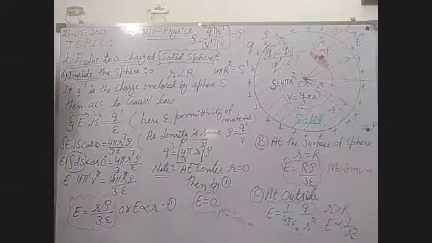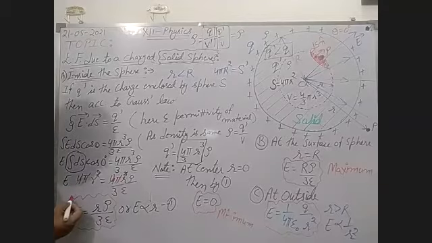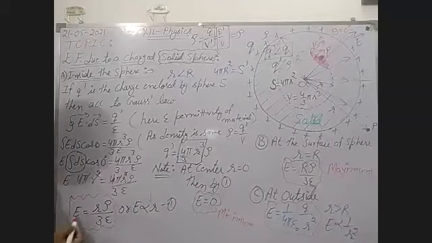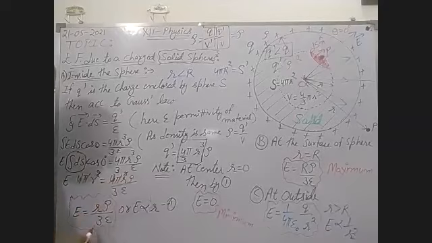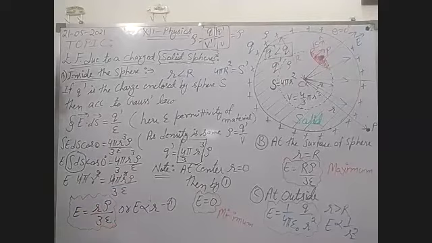Now from there, E is equal to r rho upon 3 epsilon. In this way you can write the final result.